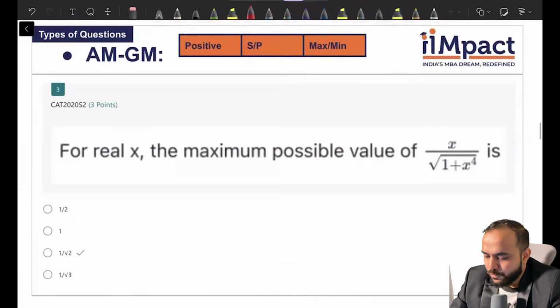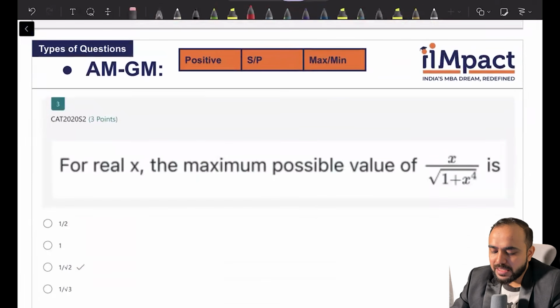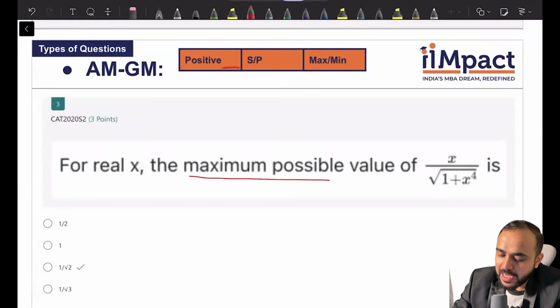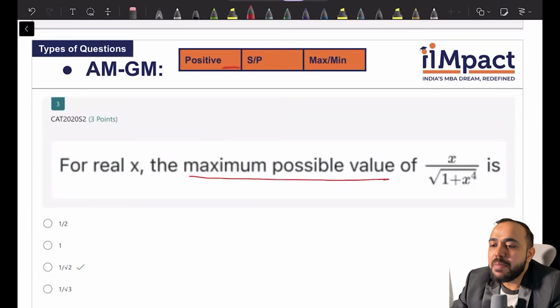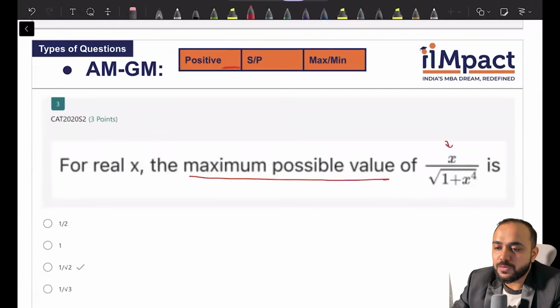All right. For real x, the maximum possible value of x by under root 1 plus x to the power 4 is. So what about the positive hint? Is it hidden or is it given? It is actually implied that, boss, if you are finding the maximum possible value, then by default you are going to take x as positive, right?